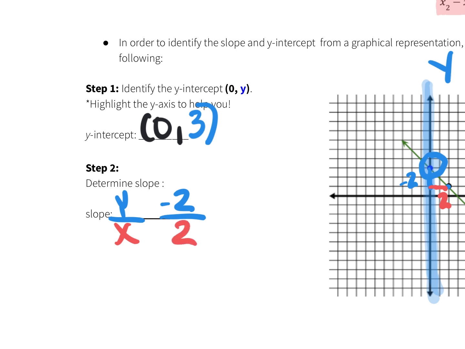My slope is -2 over 2, and we can simplify that to be -1 or -1 over 1. Okay, please make sure you have all this information in your notes.